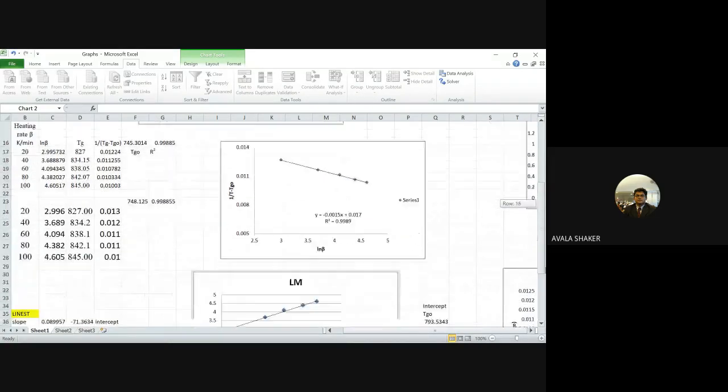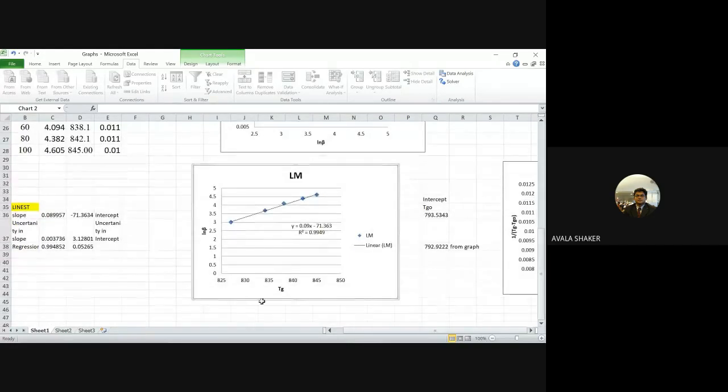If you look here, this is going to be the y-intercept. When I put x equal to 0, y is going to be minus 71.363. But I'm not interested in the y-intercept; I'm interested in the x-intercept. So how do I get this?